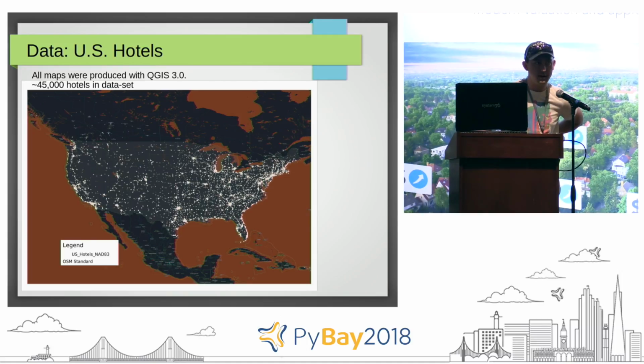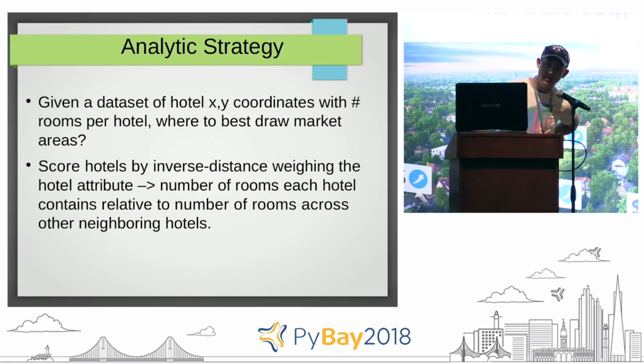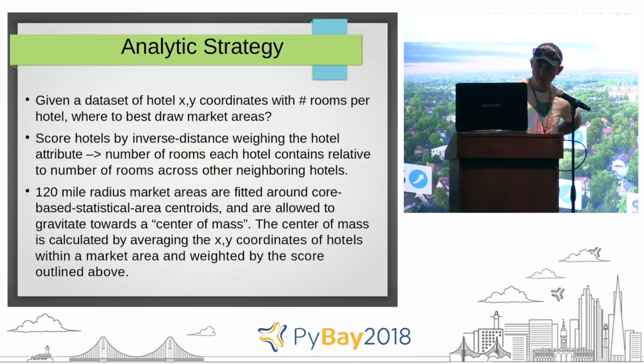I'm going to try to figure out where I should place market areas based off of number of hotel rooms and inverse distance weight on those hotel rooms from every single hotel across the continental US. So attributes that matter: XY coordinates and number of rooms per hotel. Scoring with inverse distance weighing on those room counts.